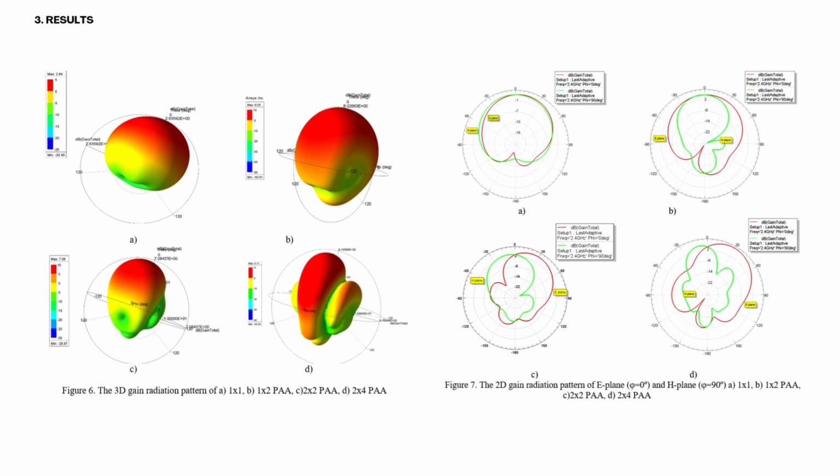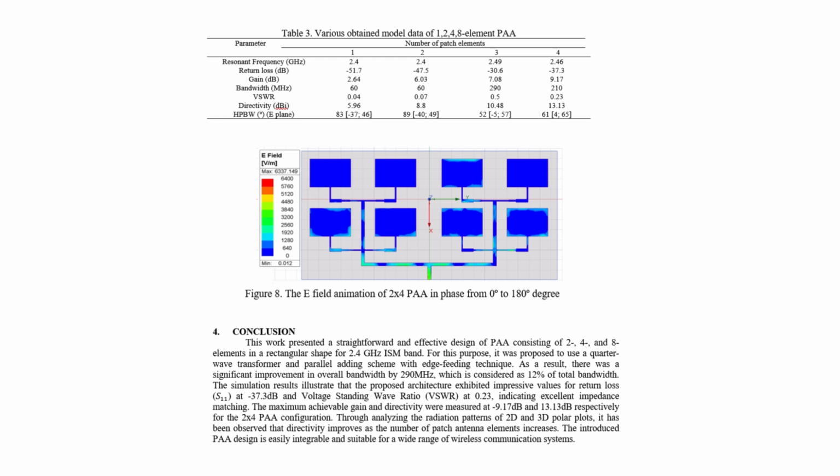It's shown in Figure 7 C and D. All the data acquired during the modeling, including gain, return loss, VSWR, directivity, and other parameters, are shown in Table 3. The animation of how electric field strength is propagated through the media in the 8-element patch antenna array is presented in Figure 7. As can be seen, the surface current is uniformly propagated in two directions from the lower side of the patch antenna. However, there is a slight phase shift between the upper and lower groups of patches.